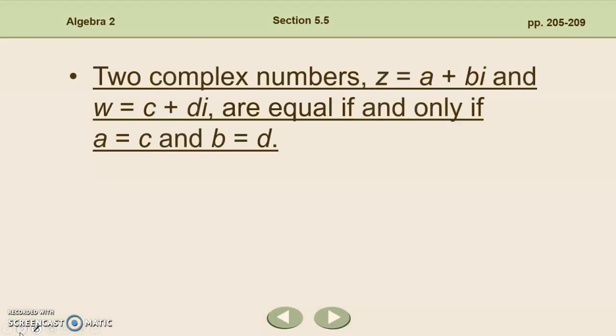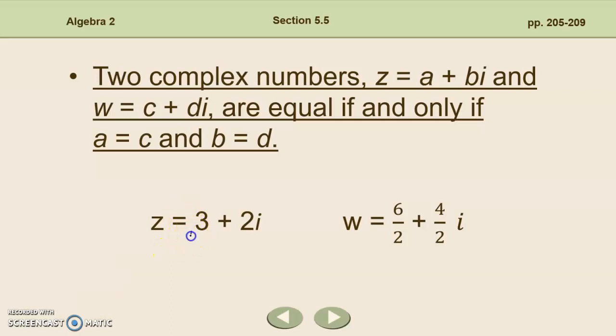Now let's talk about some computation. When we're adding, subtracting, multiplying, and dividing, we can add, subtract, multiply, and divide complex numbers. Two complex numbers written this way, z equals a plus bi and w equals c plus di, are equal if and only if a is equal to c and b is equal to d.